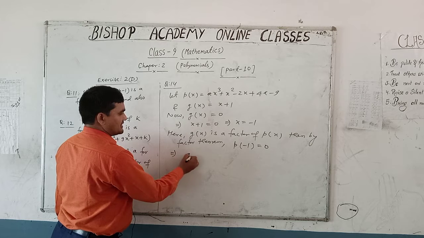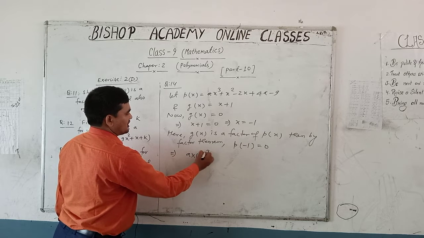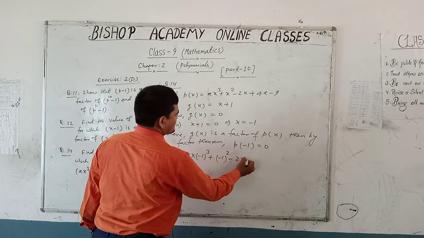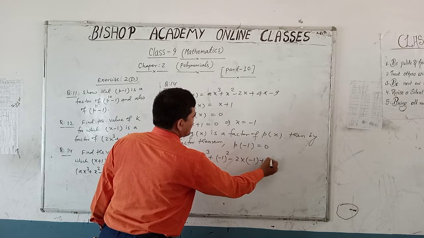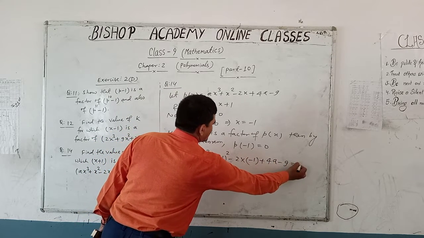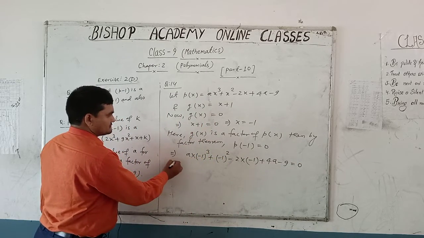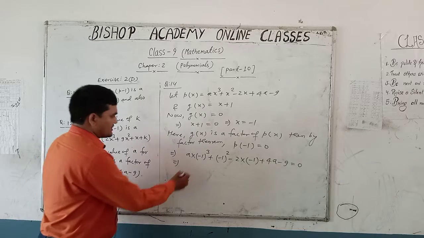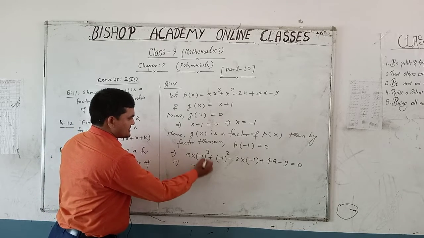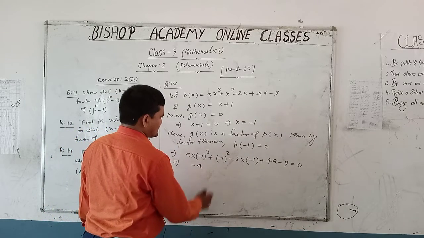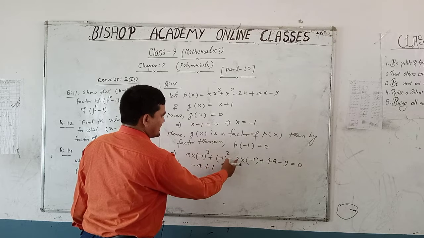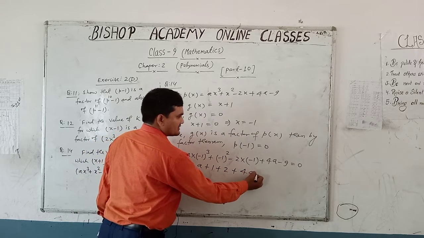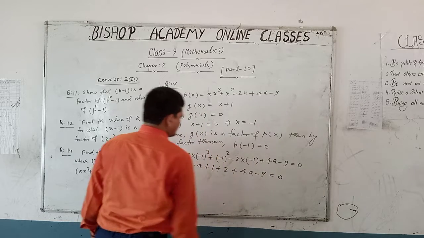This implies that a into minus 1 raised to the power 3 plus minus 1 square minus 2 into minus 1 plus 4a minus 9 equal to 0. This implies that a into minus 1 cube means minus 1. Here we write minus a, minus 1 square is plus 1, minus 2 into minus 1 is plus 2, plus 4a minus 9 equal to 0.